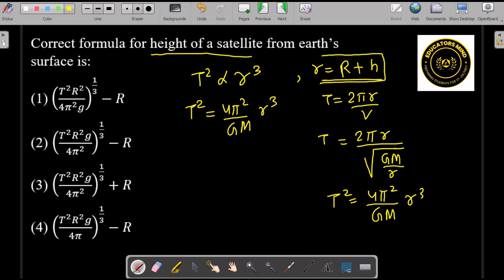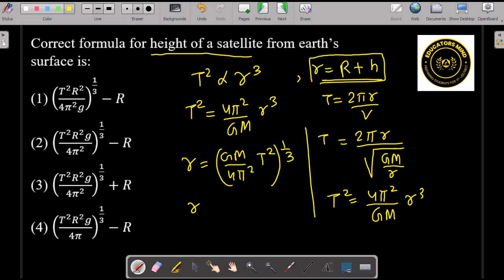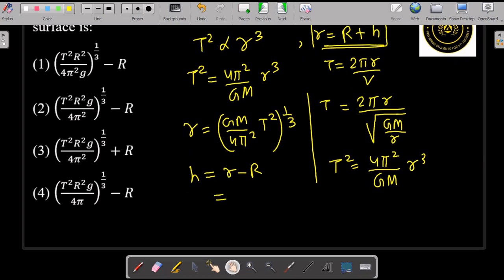So from here R becomes GM T square by 4 pi square, power 1 by 3. Then height, if you have to calculate, will be R minus capital R. So that becomes GM T square by 4 pi square, power 1 by 3, minus capital R.